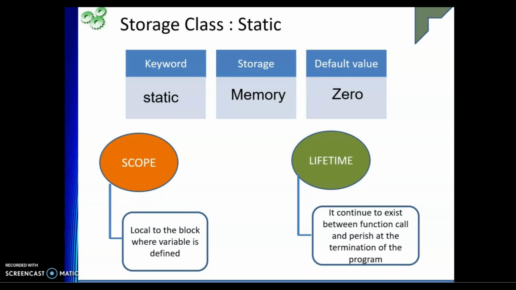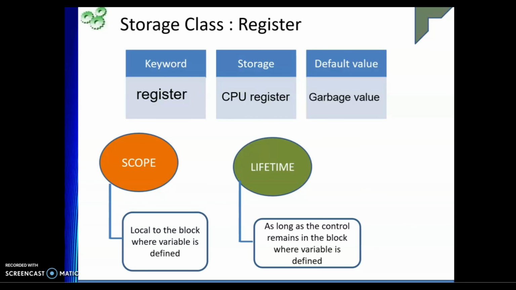And static has an initial value of 0. Its scope is the same, local, but it will continue to exist even after the function gets over or terminated. It will remain as long as the program is running. If the program is terminated, only then will your static variable be terminated. Registers use the CPU register instead of memory, and have a garbage value.